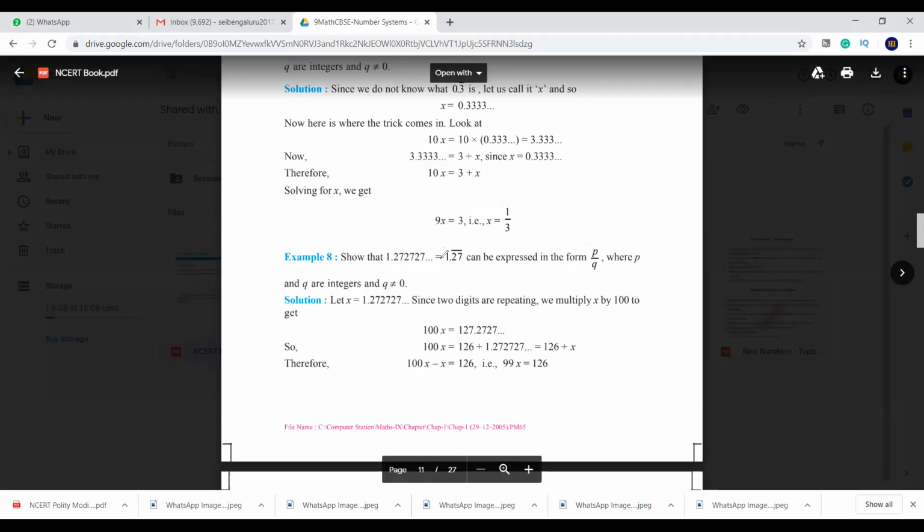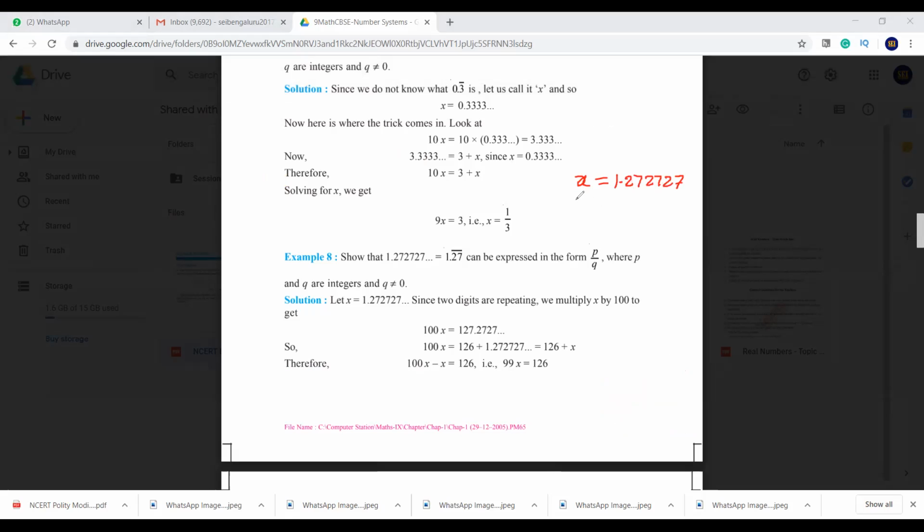Here, after one decimal, 2 numbers are repeating. What you can do is multiply by 100.